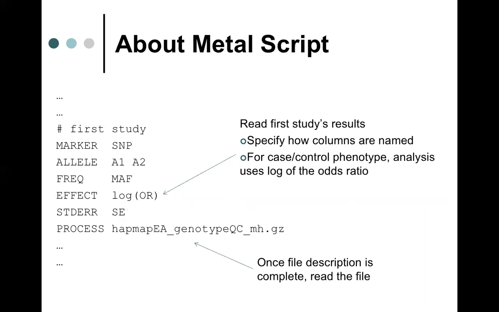So identifying which column has your variant identifier, so RSID or whatever you're using there as the marker, the two alleles, where the first allele should correspond to the direction of the effect, your allele frequency field, your actual effect size, with the option to take the log of a column that has odds ratios, as shown here in this example, the standard error field that you're using for weighting, and then this line to say go ahead and process that input file based on that description of what the header is. And you do this for each of your studies.